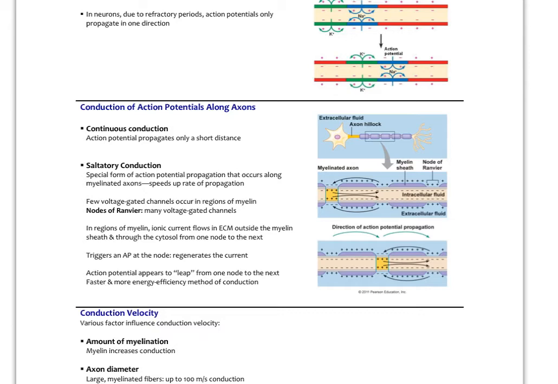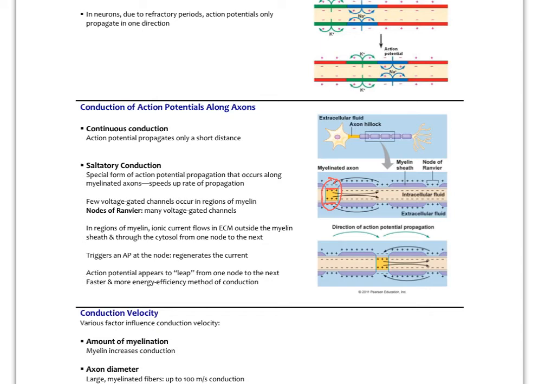What happens is that the action potential is regenerated at each node of Ranvier. Remember, a node of Ranvier is where the myelin doesn't cover the plasma membrane of the axon, the axolemma. So basically the extracellular fluid and the ions, the sodium and potassium, can reach it there.